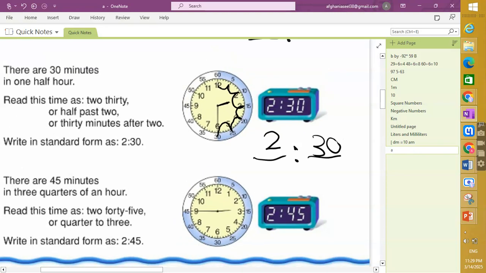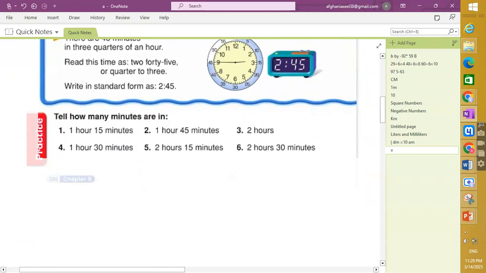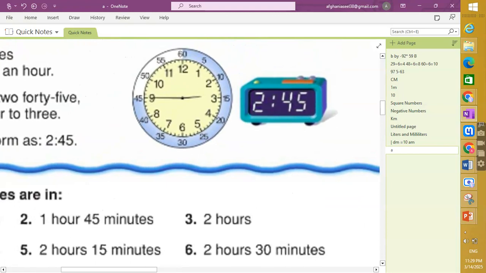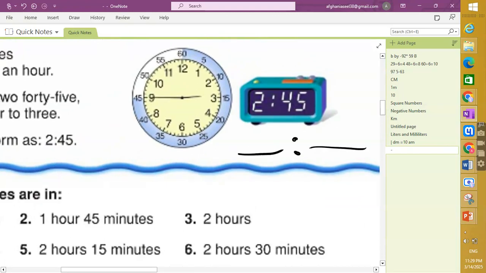What about the last one? Can you predict it? Try. We are on number 2, and then we have 5, 10, 15, 20, 25, 30, 35, 40, and 45. So the time is 2:45. Super.